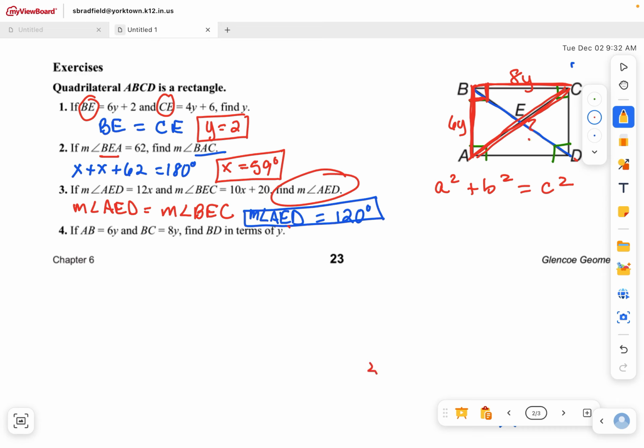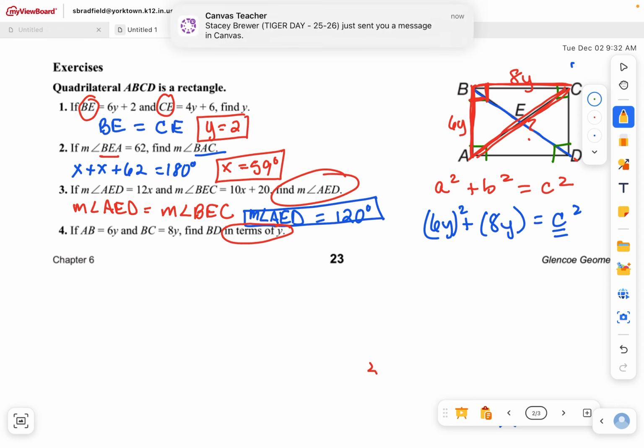Now, it does say in terms of y, so what that means is we're not actually going to solve for a specific number. There's going to be a y in it. So we're going to let A be the 6y and B be the 8y and then c squared. So we're solving for c. That's what we want to get, c by itself.